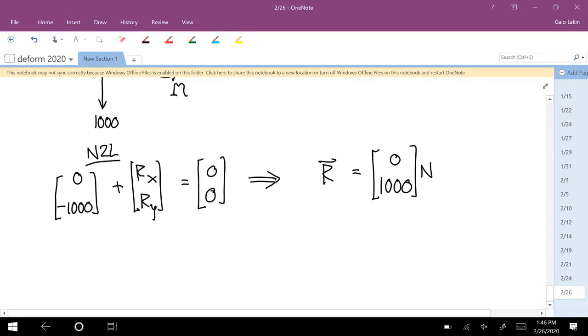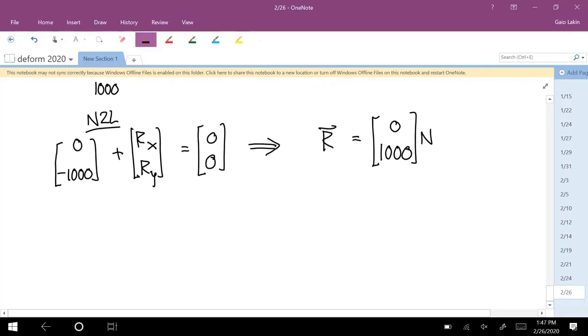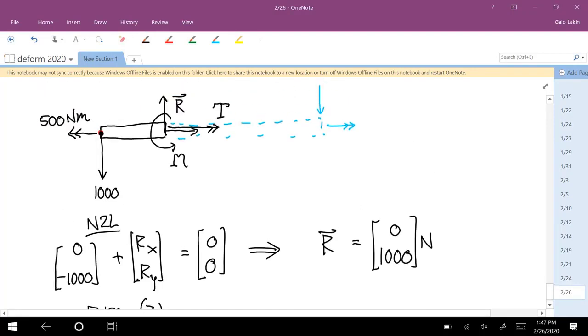And then we'll add up all the moments in the z direction. I don't know why I'm doing z first, but it doesn't matter. They're separate. They're uncoupled. So in the z direction, does that 1,000 Newton force apply any moment? Nope, not with that about point. It goes right through the about point. Does the x component of R?